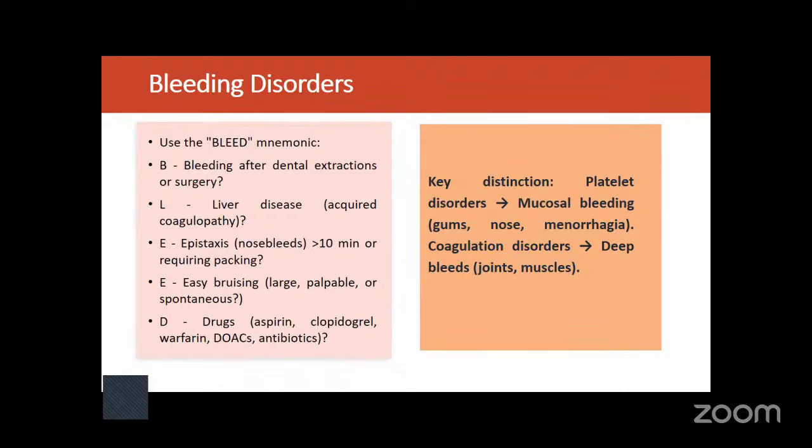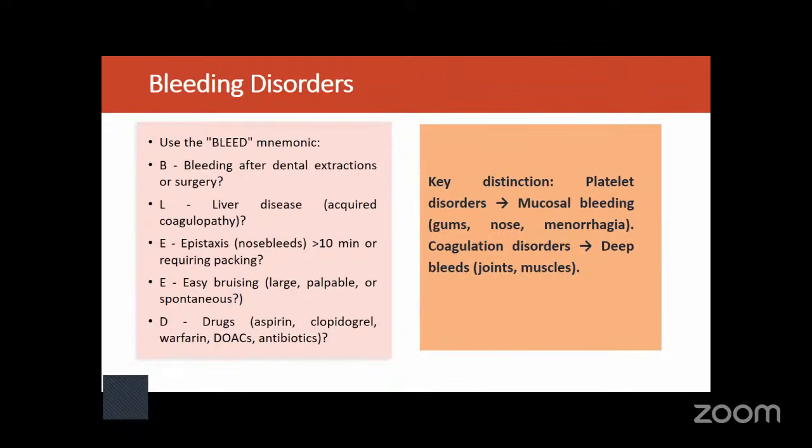Bleeding after dental extraction, surgery, maybe even after brushing the teeth. A history of liver disease, chronic liver disease, indicating coagulopathies. That would also include any pre-existing coagulopathy. So, do they have a family history of coagulation disorders? Has this patient been treated for coagulation disorders such as hemophilia?